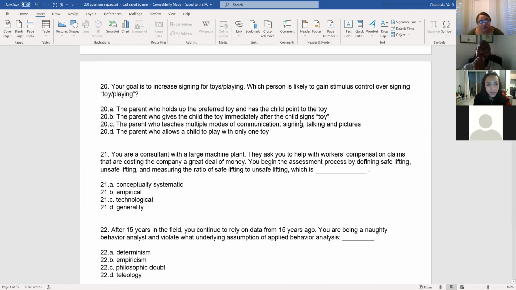Your goal is to increase signing for toy or play. Which person is likely to gain stimulus control over signing toy or play?